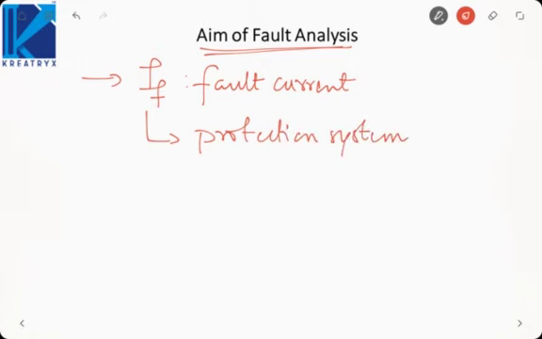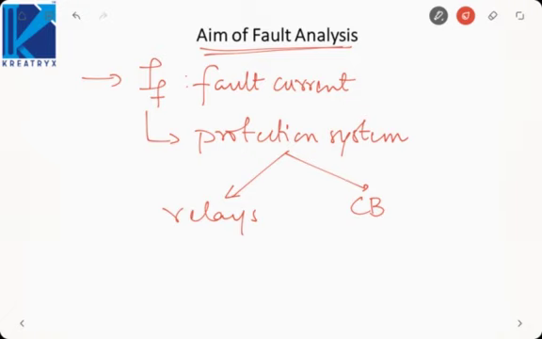Okay, now a protection system has two parts. One is called protective relays, the other is the circuit breaker. Now the working of the relay is, it has to sense the abnormal condition, then inform the circuit breaker that there is an abnormal condition in the circuit, so the circuit breaker can open circuit the power system. So the relay must only sense.